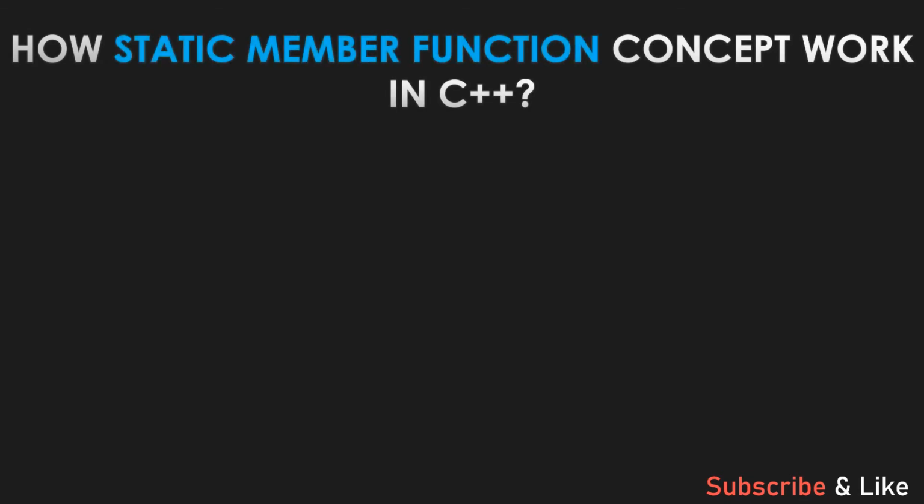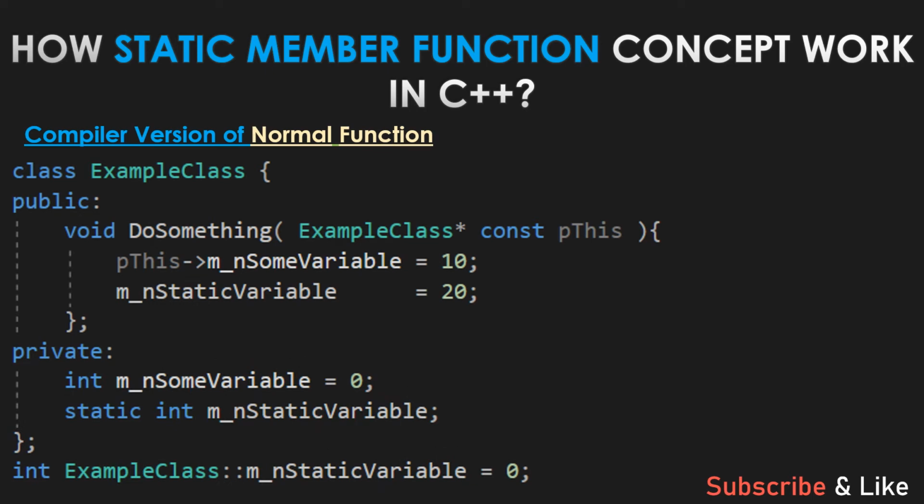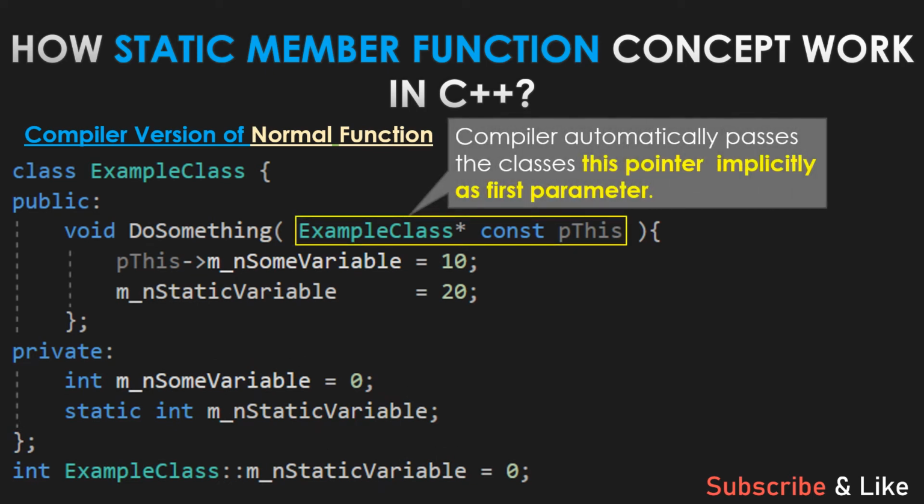Now, let us check how in C++ the static member function feature is achieved. Before going into that, we need to understand how a member function accesses the class member variables in C++. In the case of a normal member function, at compilation time, the compiler automatically passes the class this pointer implicitly as the function's first parameter.